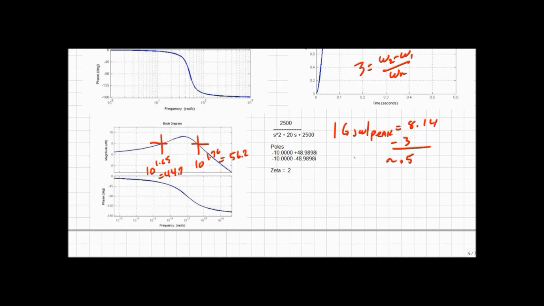If I plug them into my equation, zeta equals delta, which is 56.2 minus 44.7 over 2 omega n. I get 0.11, which is not very close, but I didn't have very accurate numbers there.